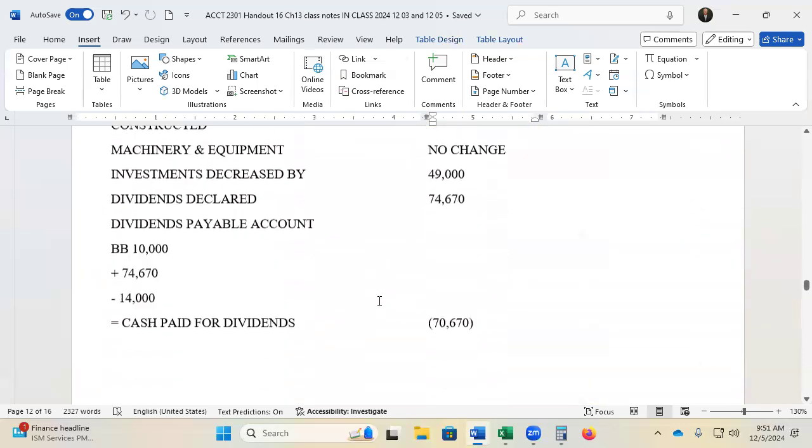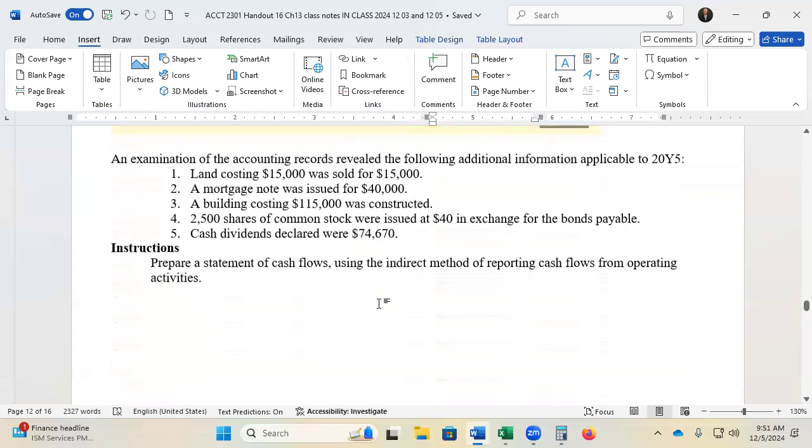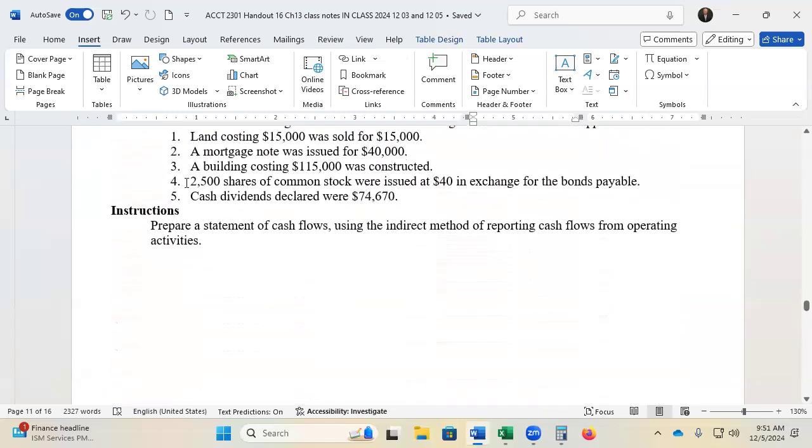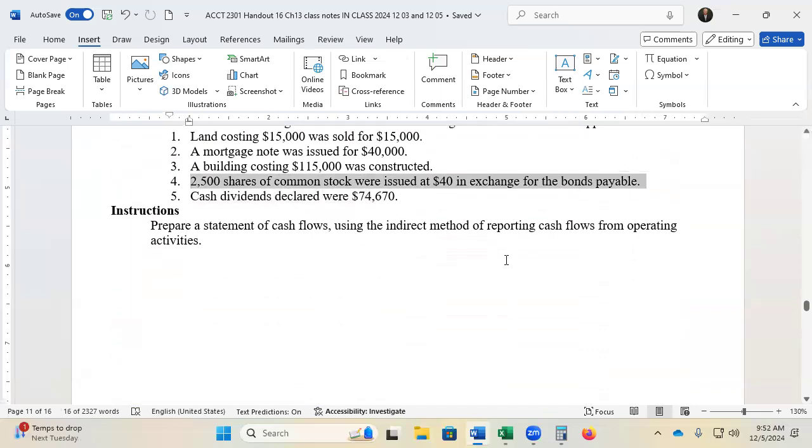And so the way that we do that is we look and say, okay, this was related to the change in bonds payable, right? That's the $100,000 difference. And that is a non-cash transaction.